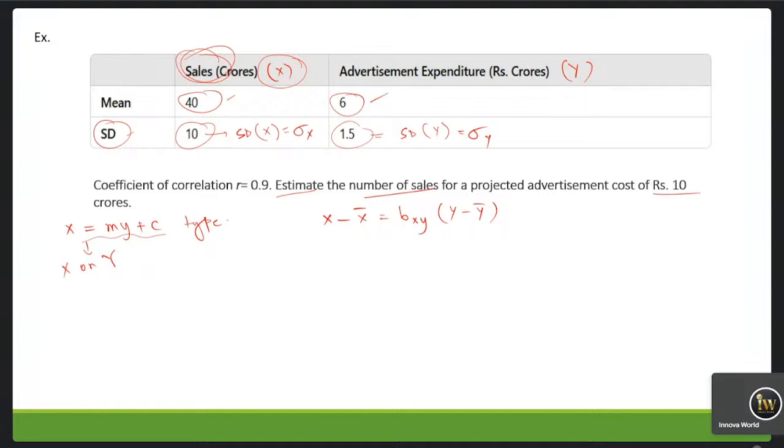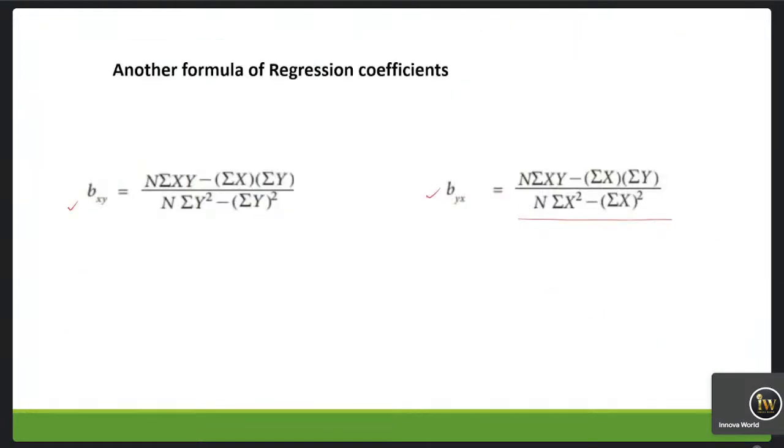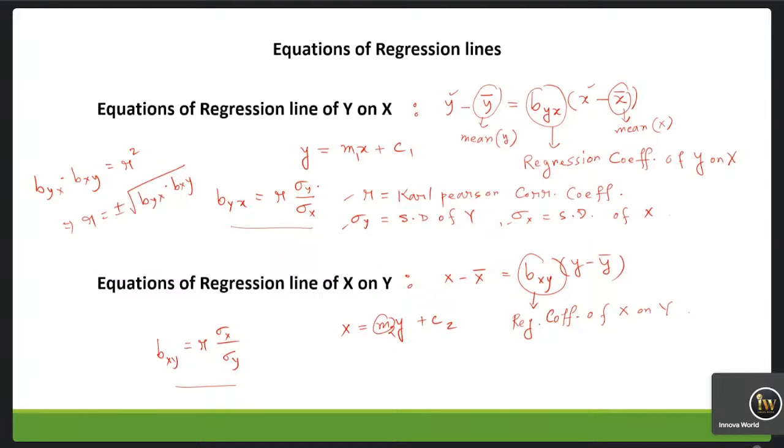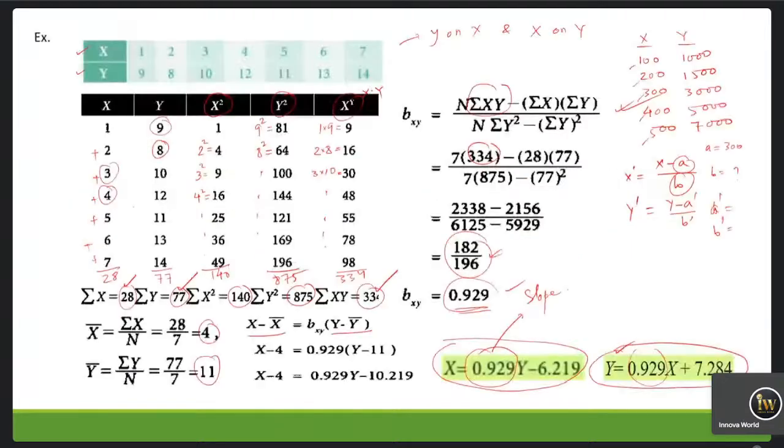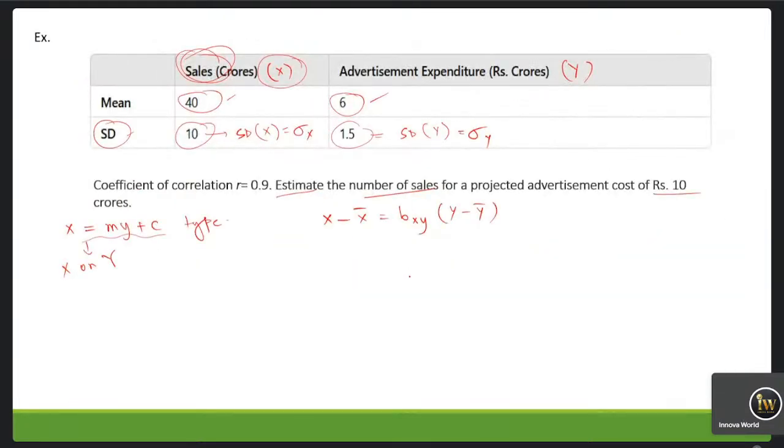Of course we will apply the formula of byx and bxy, which relates the correlation coefficient, sigma x and sigma y. The correlation coefficient value, sigma x value and sigma y value are all given. So let's go to the example again. Here we can write x minus x bar equal to r into sigma x by sigma y into y minus y bar.